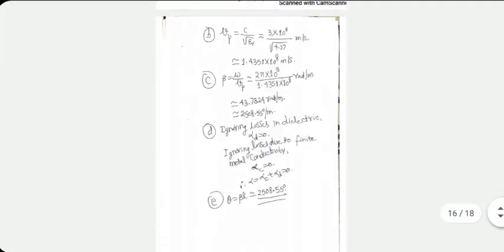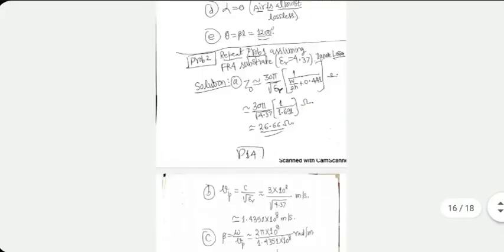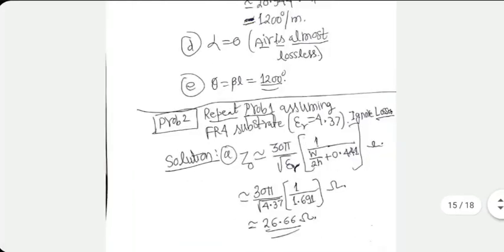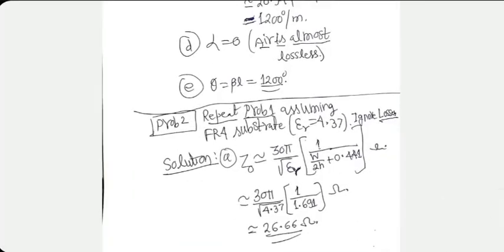Problem 2 says, repeat problem 1, assuming FR4 for the substrate. Ignore losses. Now, epsilon R is not 1. It is 4.37.